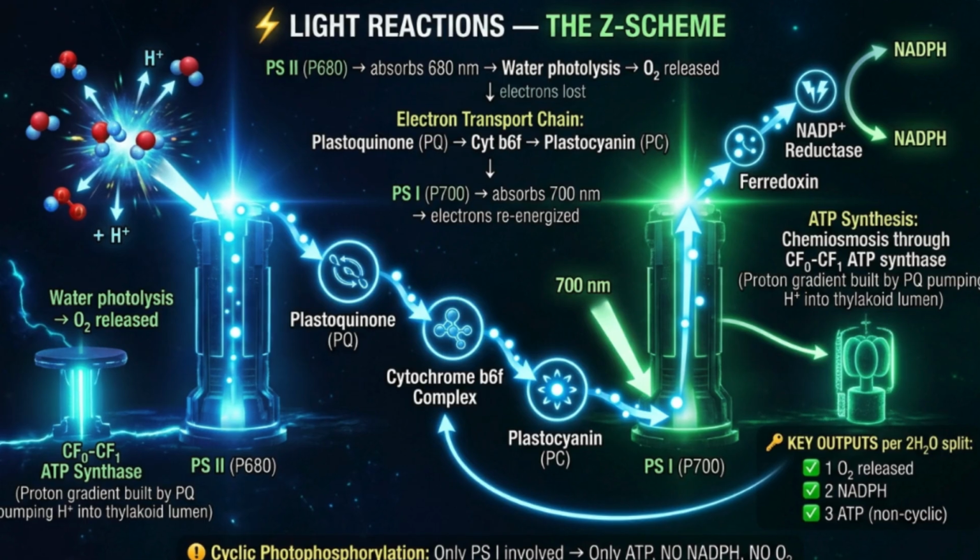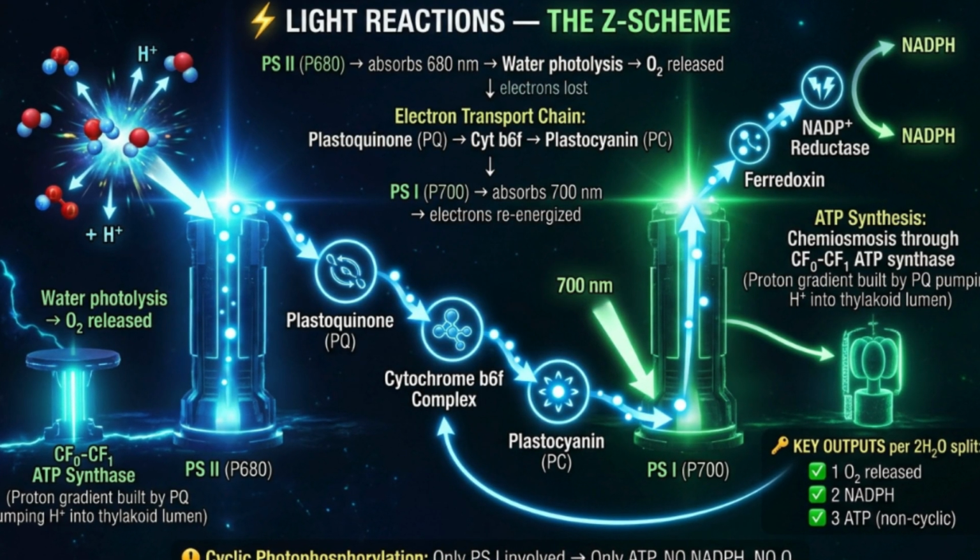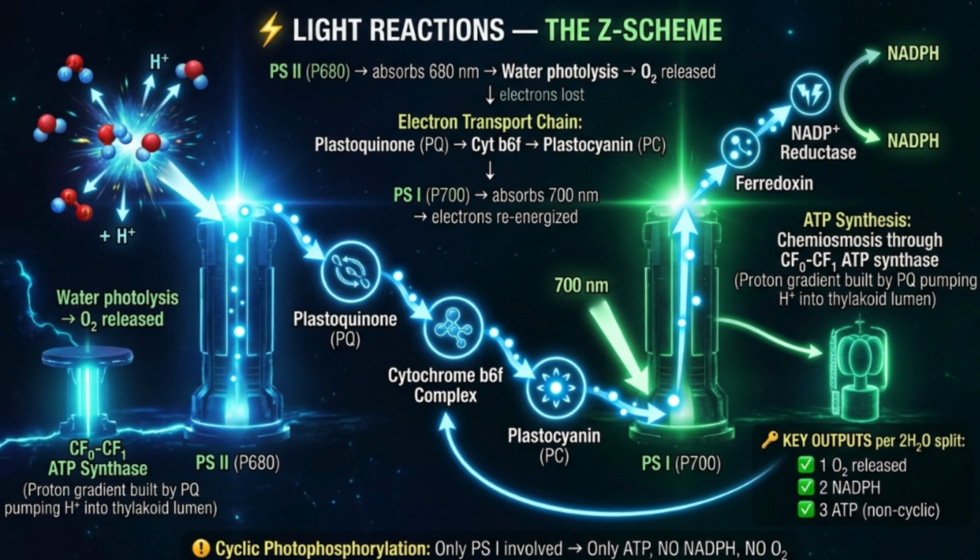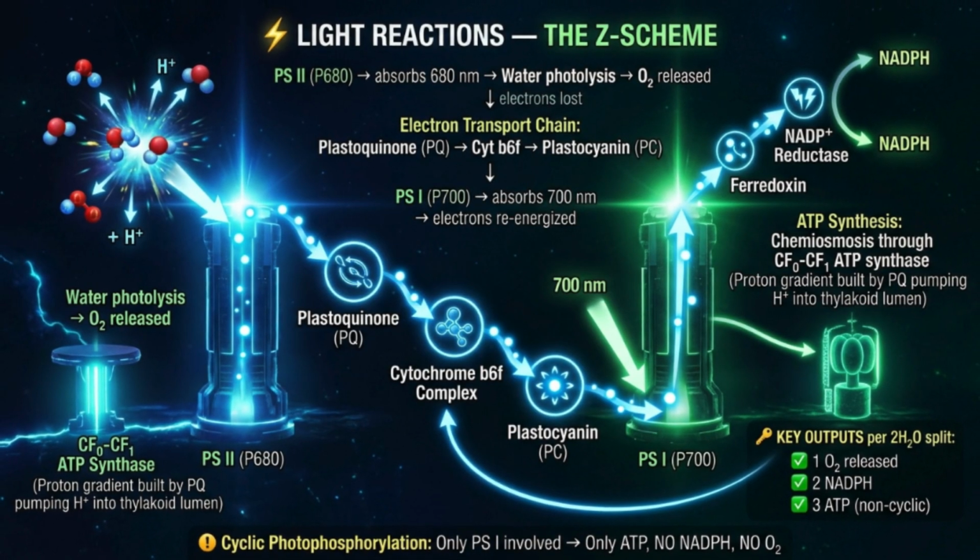Now, the light reactions. And I want you to draw the Z-scheme as I explain it, because this is guaranteed NEET territory every single year. The Z-scheme involves 2 photosystems, photosystem 2 and photosystem 1. Yes, 2 comes before 1 in the sequence. That trips everyone up.